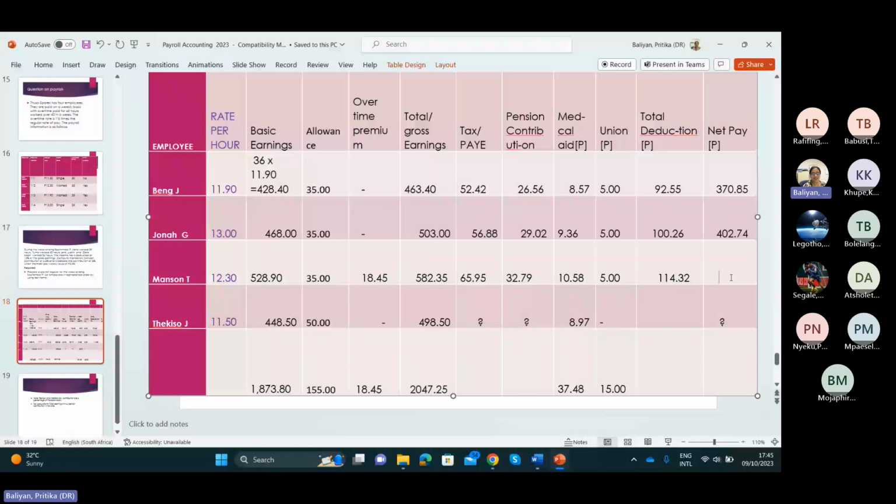So the net payable amount will be 468 pula and 3 thebe. That's how we calculate the net payable amount. Net payable amount is the amount actually taken home by the workers, the actual amount which is paid to the workers.